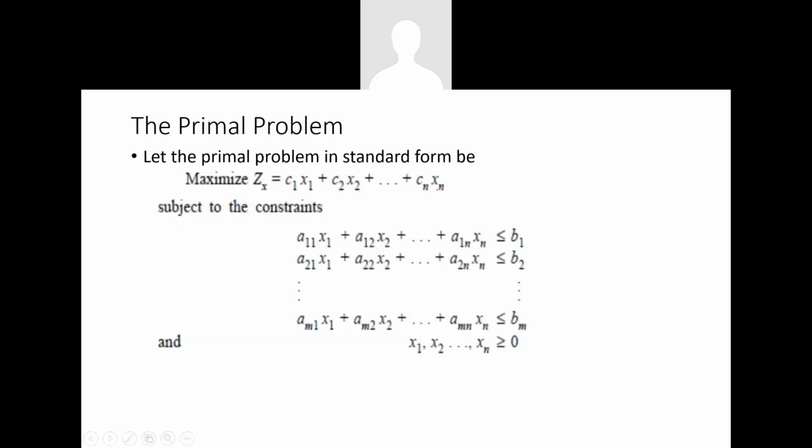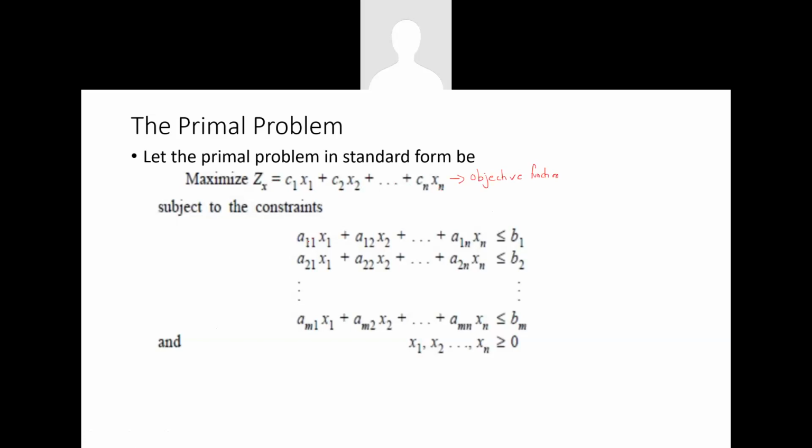Of course, that is the objective function of the firm, and this happens to be a maximization problem because we are showing it as maximize Zx. Now, as usual, this would be subject to a set of linear constraints, isn't it so?